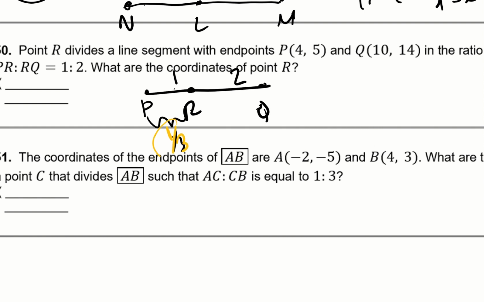And this is the fraction that we need for our calculation. So from P to R is 1/3.